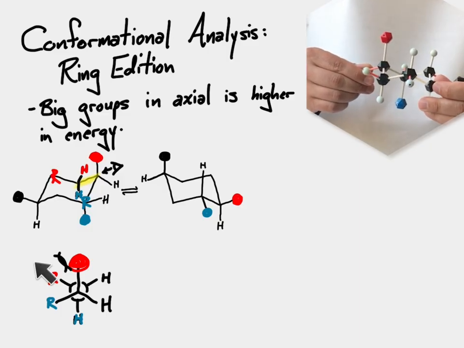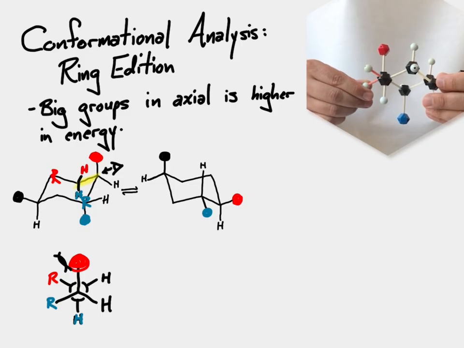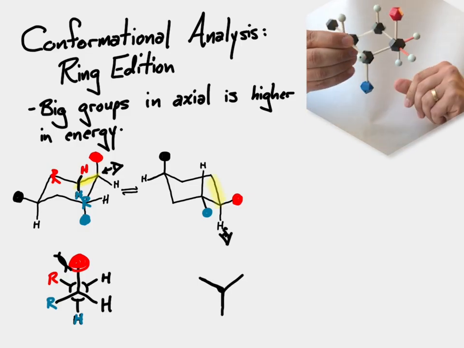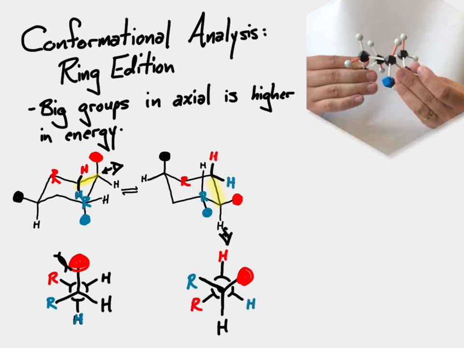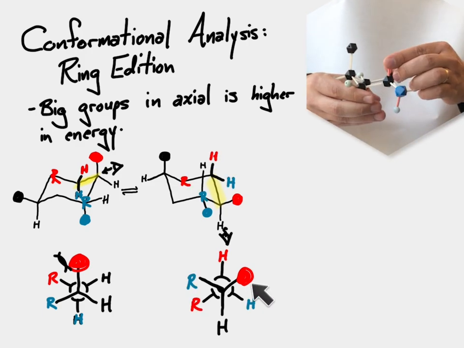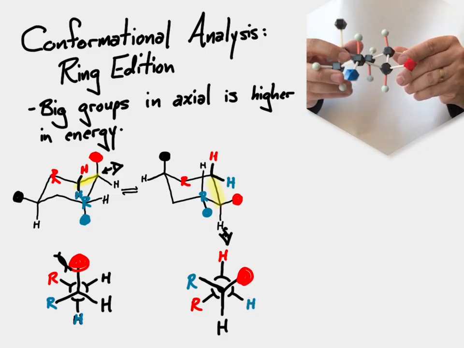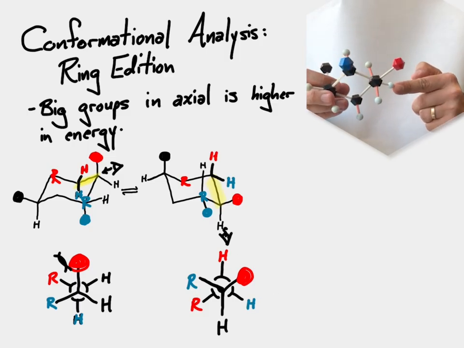And you can recognize that there is this gauche interaction. Remember that gauche interactions are higher in energy than other interactions. If we looked along the same bond in the ring flip form, we would see that this red ball no longer has a gauche interaction, and instead just has this interaction with these protons highlighted in red and blue.